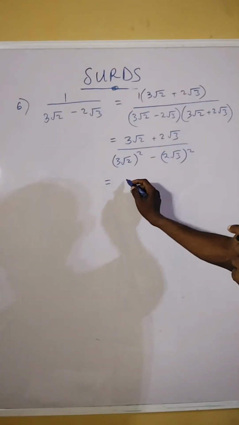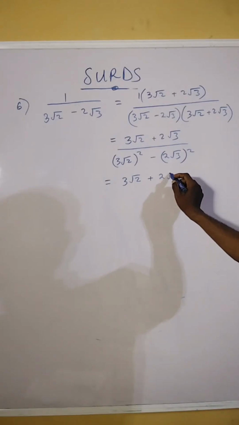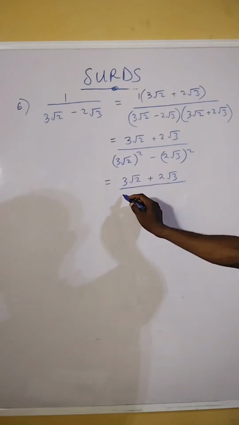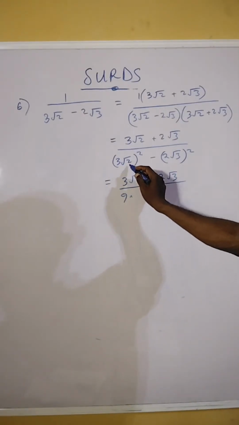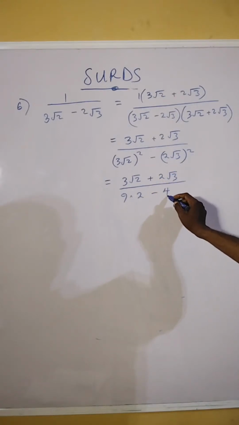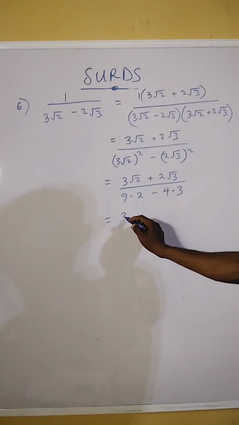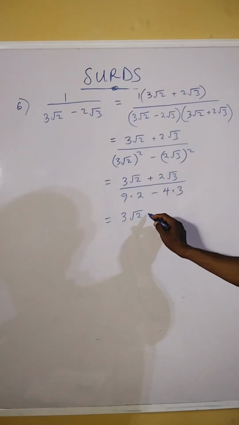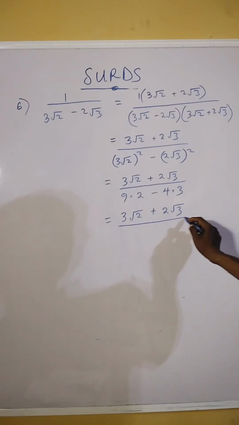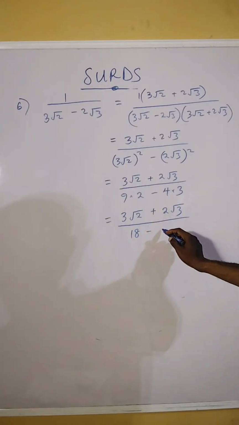Here we have 3 root 2 plus 2 root 3 divided by, the square here affects 3, 3 squared is 9 times root 2 squared, that's 2, minus, also the square here affects 2, 2 squared is 4 times root 3 squared, 3. And here we have 3 root 2 plus 2 root 3 divided by 9 times 2, 18, minus 4 times 3, 12.